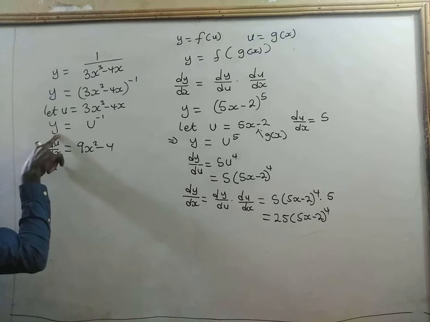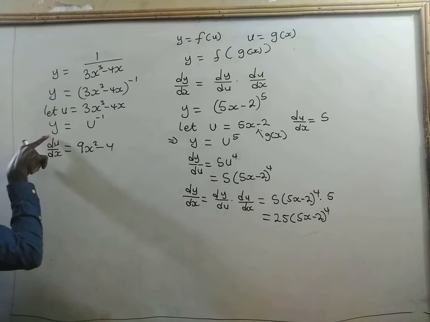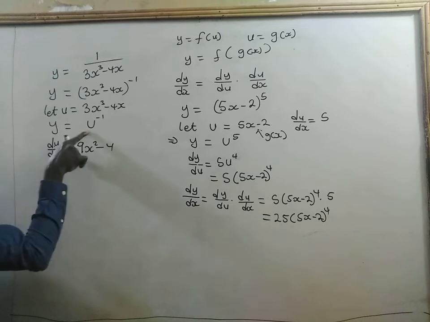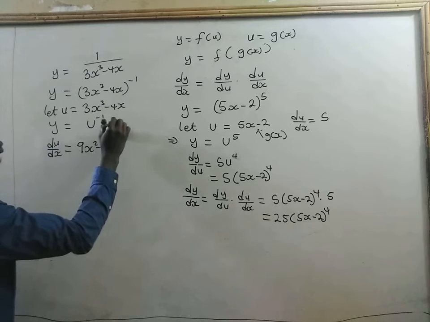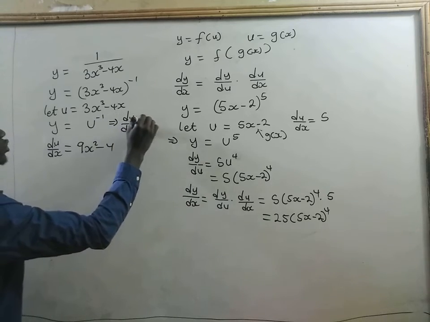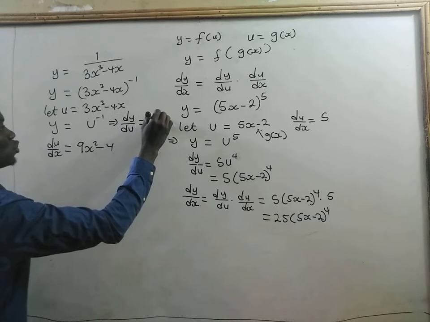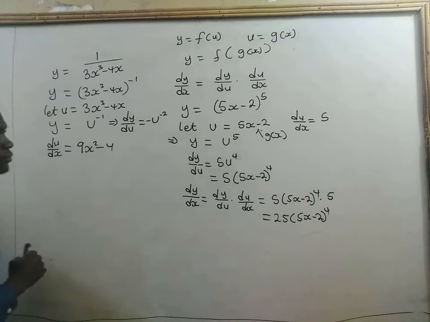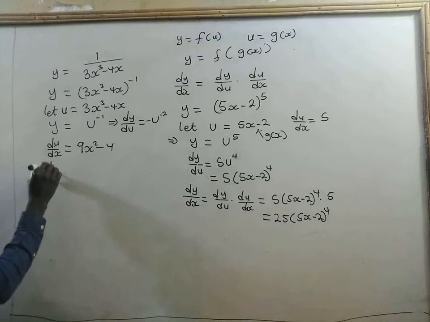Now let's find the derivative of y with respect to u. This will give us the derivative of y with respect to u to be equal to negative u to the power negative 2.